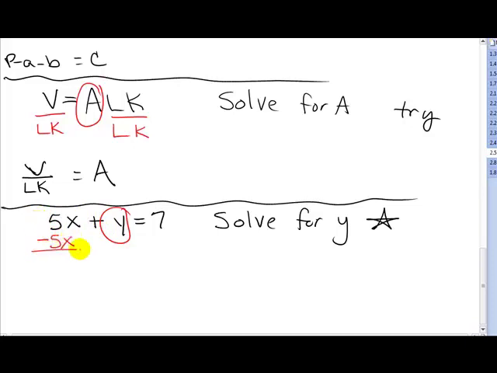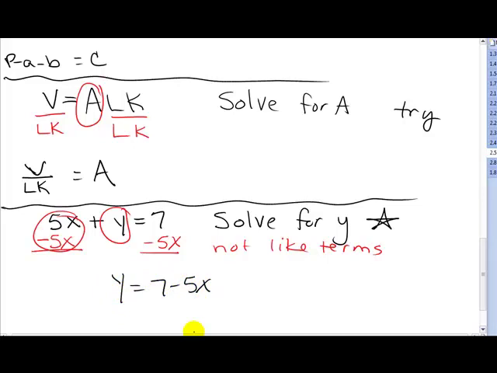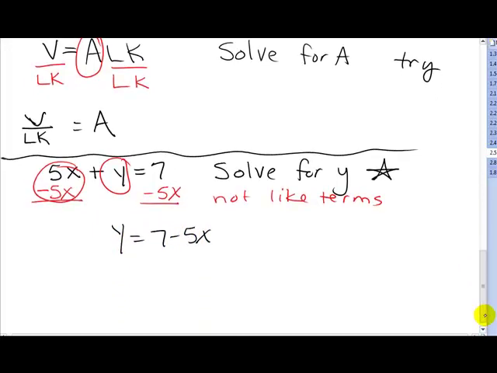Subtract it so that it becomes 0. These are not like terms. One's a constant, one's a variable. That's all you can do with it, is just to get y by itself.